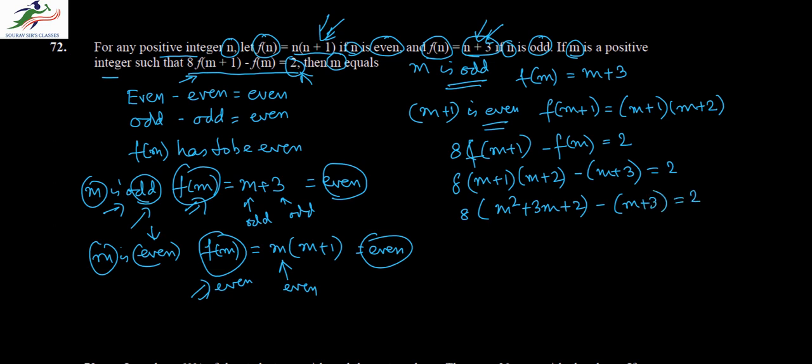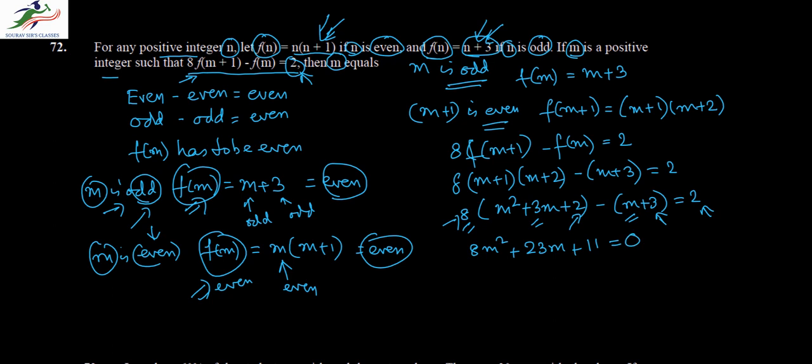So this becomes 8m square plus 8 into 3, 24m, minus 1m, which is plus 23m, and we have 8 into 2, 16, minus 3, 13, minus 2, 11, plus 11 is equal to 0.